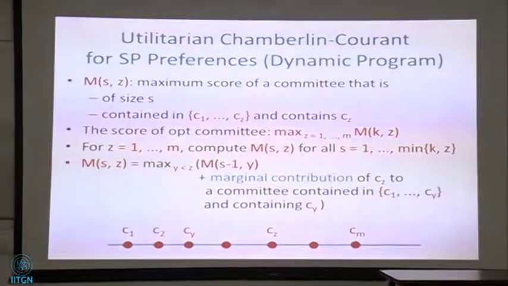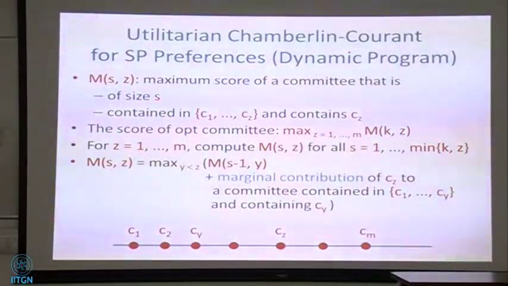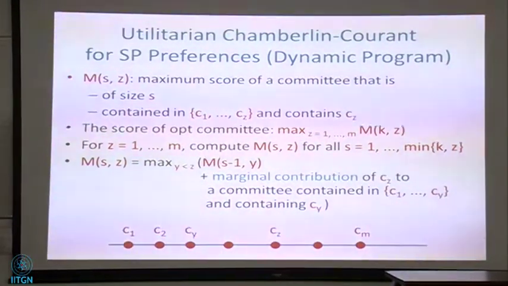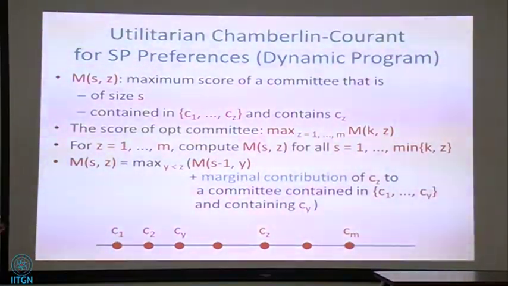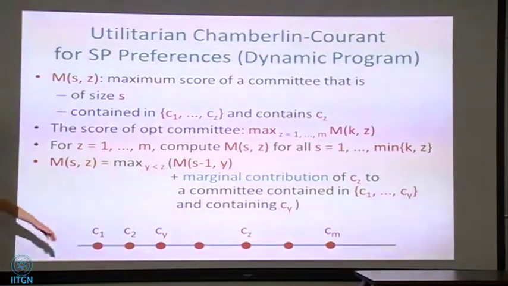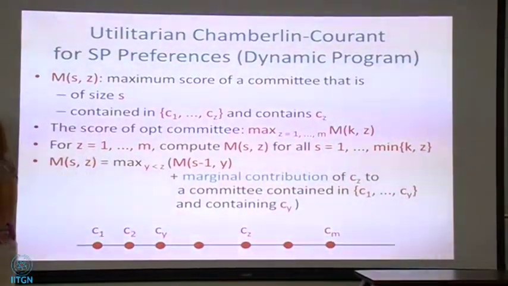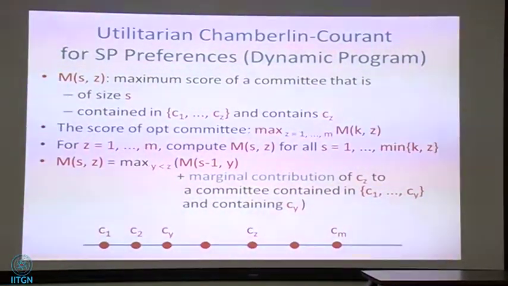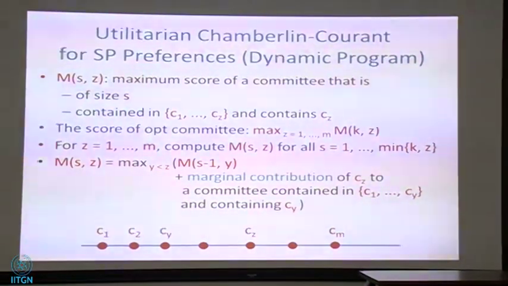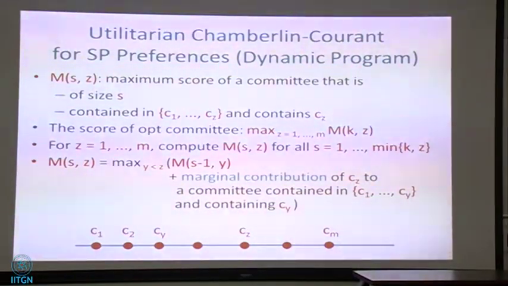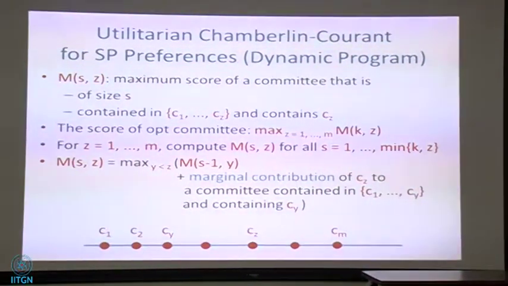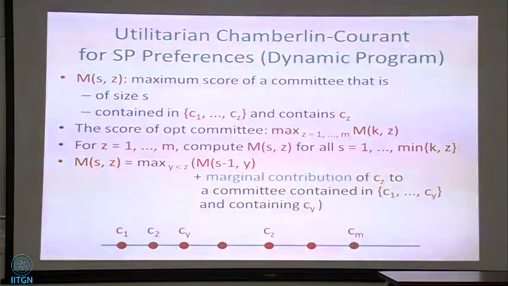It's quadratic: the range of S is up to Z, Z is up to M, so it's quadratic in the number of candidates. And the computation here is linear in the number of voters. So we are looking at M squared, which is pretty reasonable for a dynamic program. And this way we can compute optimal Chamberlin-Courant committees for utilitarian Chamberlin-Courant.